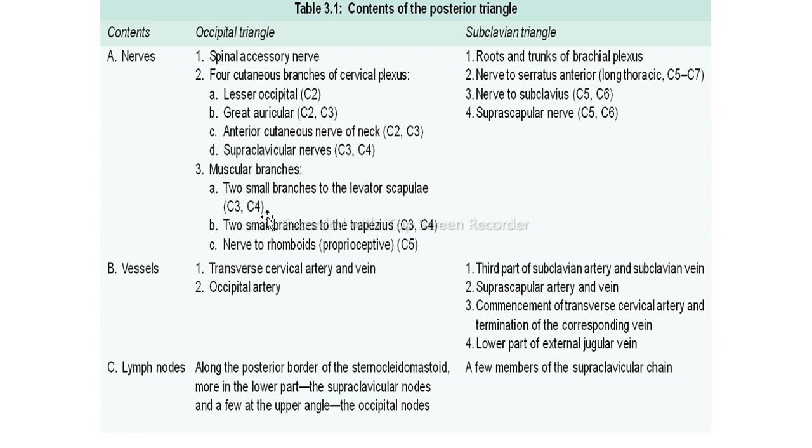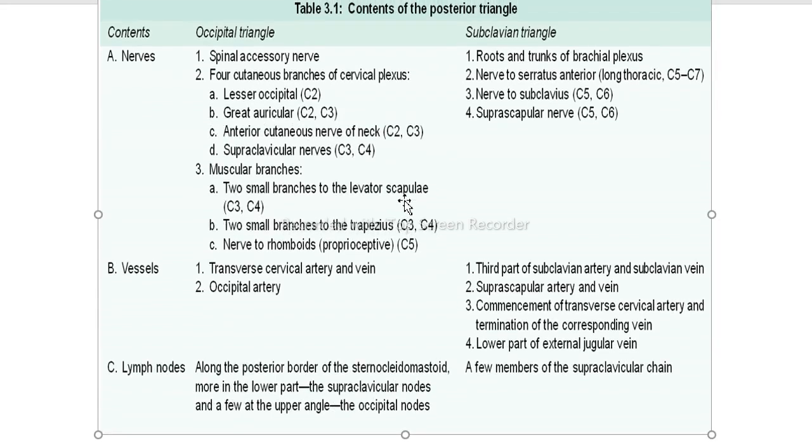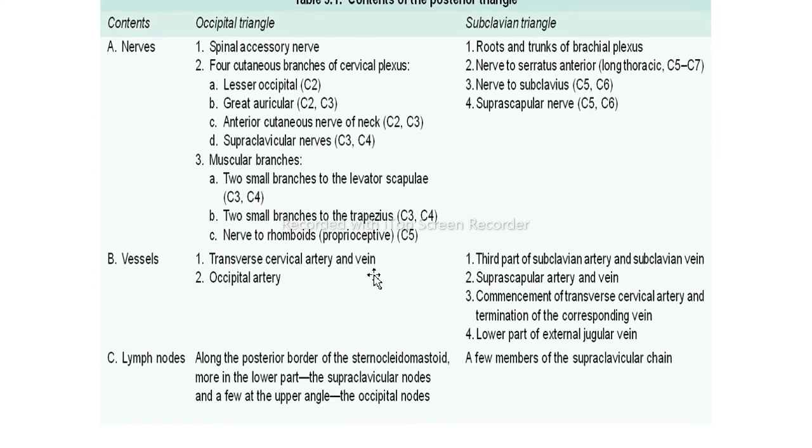Also the muscular branches arise from C3 and C4 fibers for the levator scapulae muscle, then fibers from C3 and C4 for the trapezius muscle, and the nerve to the rhomboideus muscle from C5.